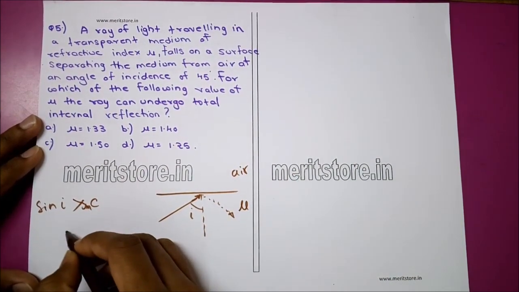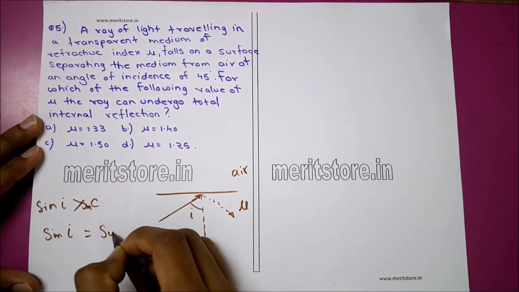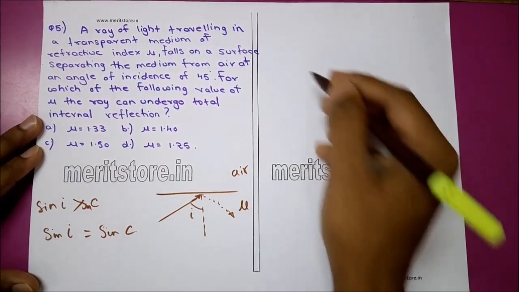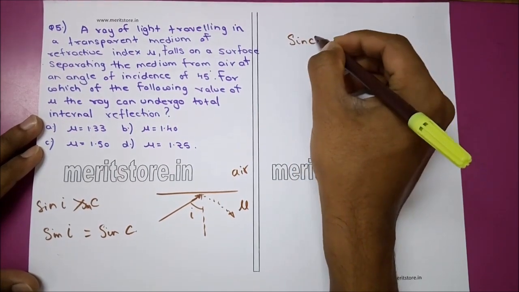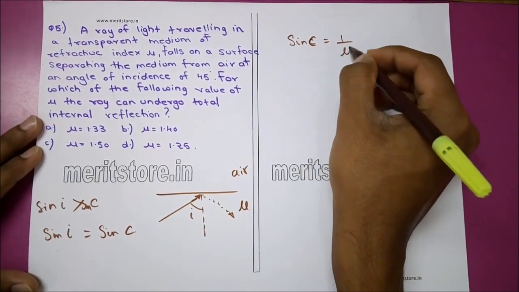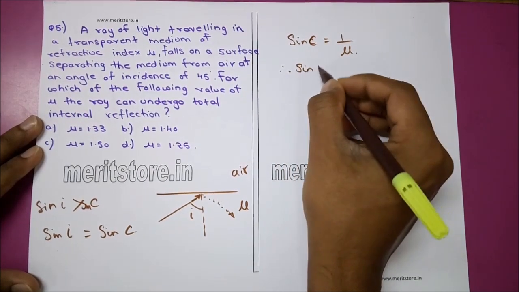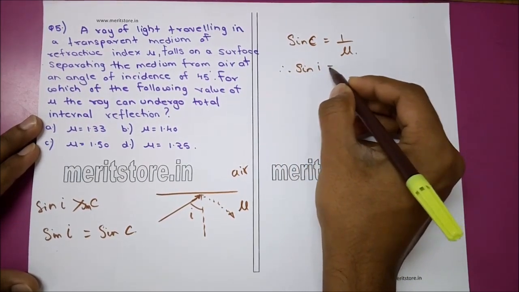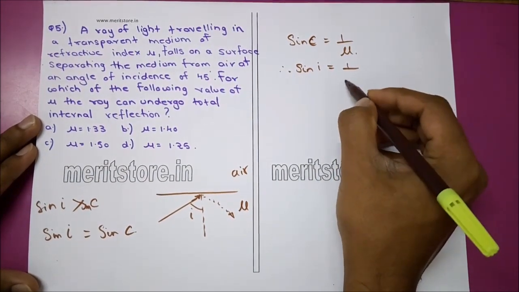So for the limiting case, let's consider sin i equals sin C. But sin C is given by 1 by the refractive index. So sin i equals 1 upon mu.